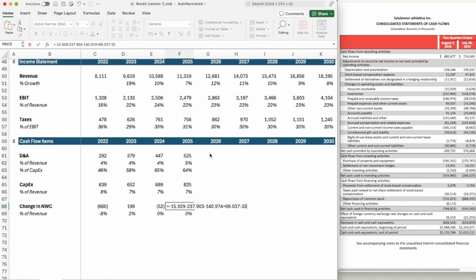Minus 33.330 plus 91.154 minus 131.640 minus 61.249 minus 165.214 minus 59.616 minus 2.776 minus 30.